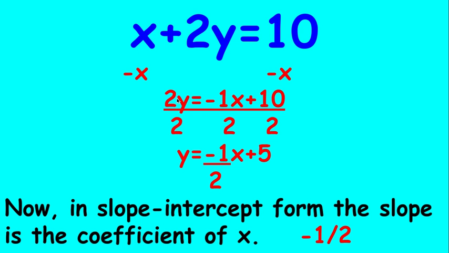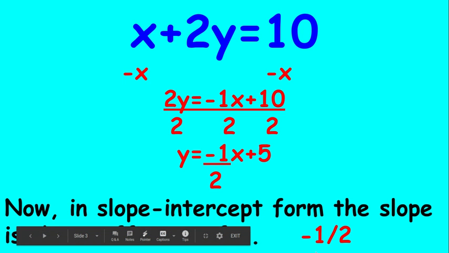In doing so, 2 divided by 2 is 1, so it cancels out, or I have 1y. So y equals negative 1 divided by 2 is just simplified to the fraction negative 1/2 x, and then 10 divided by 2 is 5. So now that this equation is in slope-intercept form, the slope is the coefficient of x, so the slope of this equation is negative 1/2.